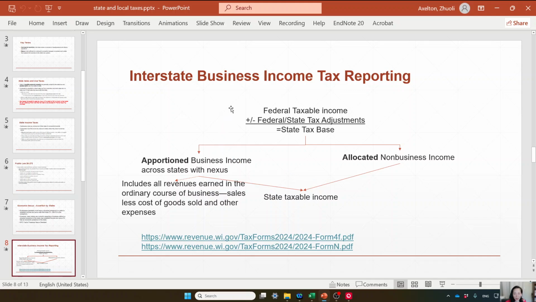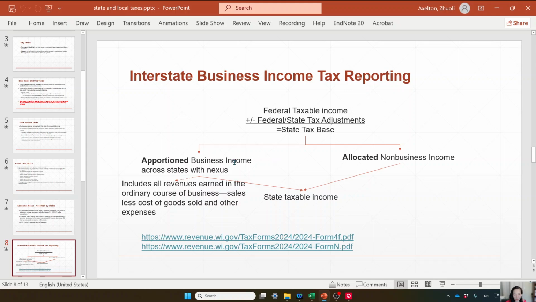And the general rule for state income tax reporting is to start with federal taxable income, and layer on any state tax adjustments, any items which do not conform to the federal. Then we have the state tax base. Once we have the state tax base, there will be two portions.